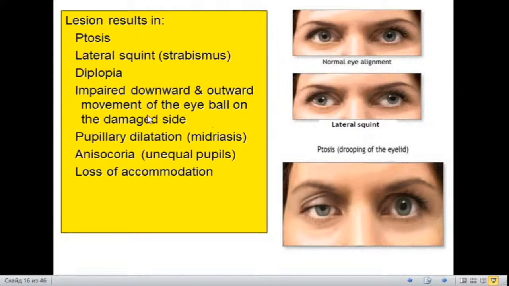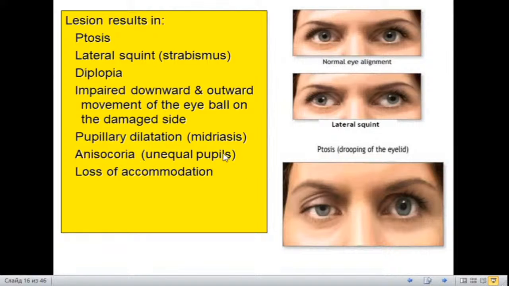Then, besides that, of course, movements of the eyeball will be disturbed, and due to the presence of the parasympathetic component, as we said, it supplies musculus sphincter pupillae and ciliaris. A lesion to the parasympathetic component will cause dilation of the pupil called mydriasis, and if it is a unilateral lesion, it leads to anisocoria, unequal pupils.